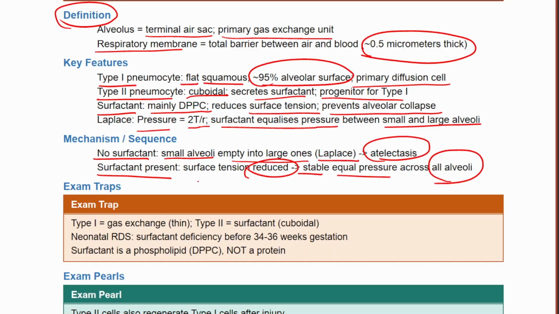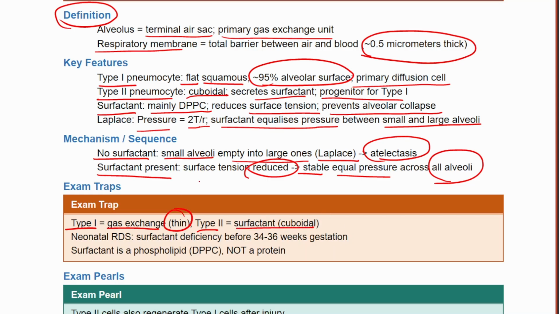Finally, look out for these specific exam traps designed to catch you off guard. First, do not confuse shapes and functions of the pneumocytes. Type 1 cells are thin and responsible for gas exchange, while type 2 cells are cuboidal and responsible for surfactant production.